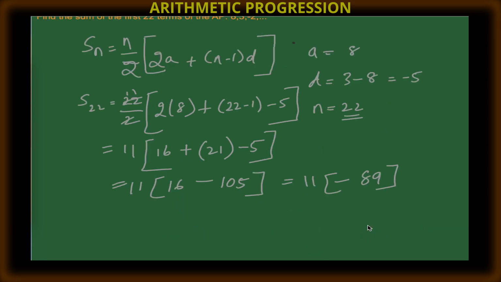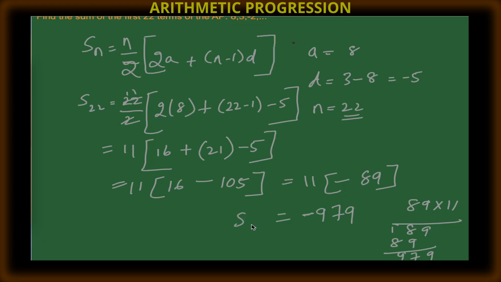So we have 11 into minus 89. Let's try to multiply 89 into 11. 9 ones are 9, 9 ones are 9, 8 ones are 8, and then 9, 7, 9, 1, 9... we have a sign, so don't forget this, minus 11.